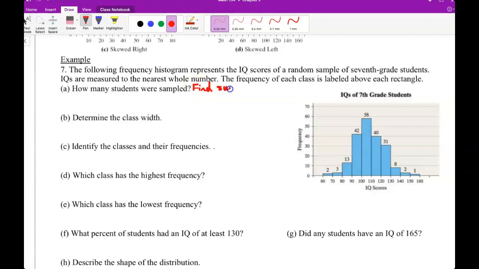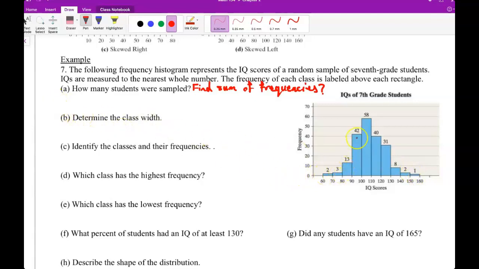Find the sum. These are the frequencies that we have, so adding all these numbers to find the total number of students.